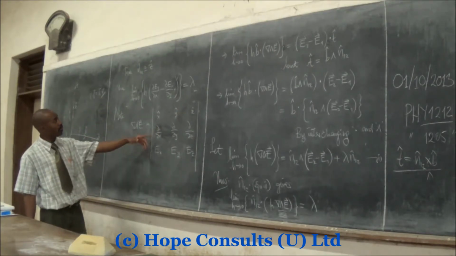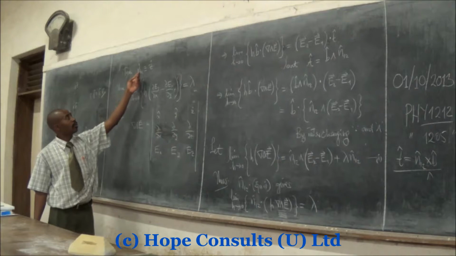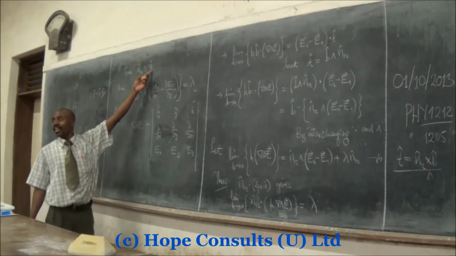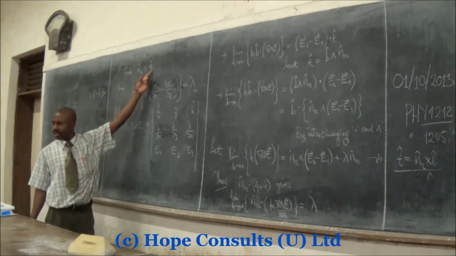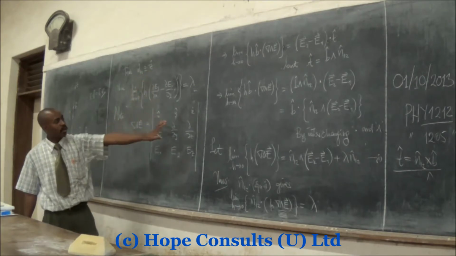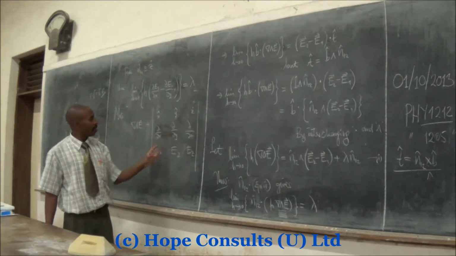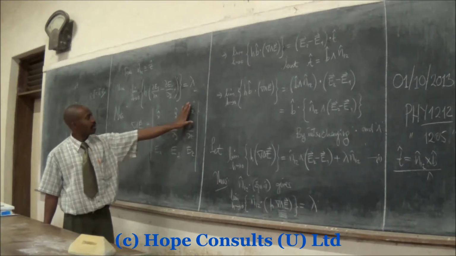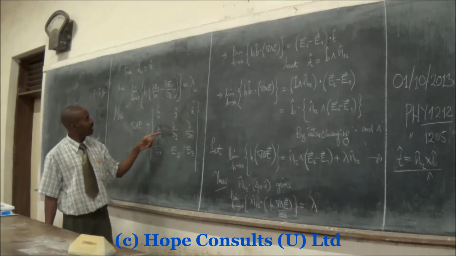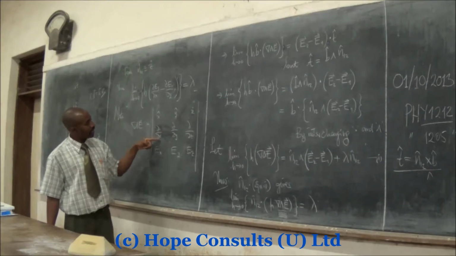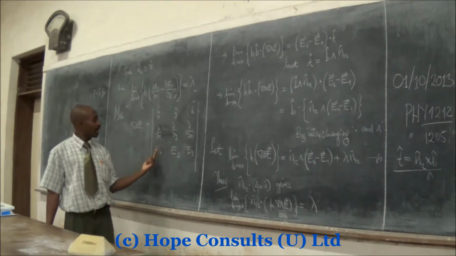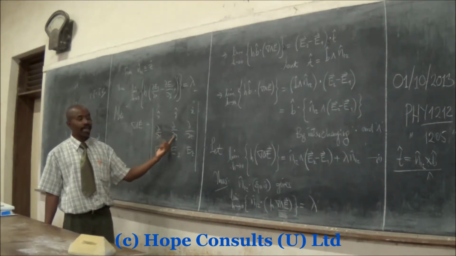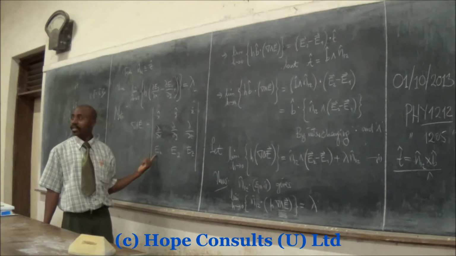So if we took the normal to be along the z, we would be looking for the z component, and we would cover out this row, and that means we would have ∂/∂x Ey minus ∂/∂y Ex.